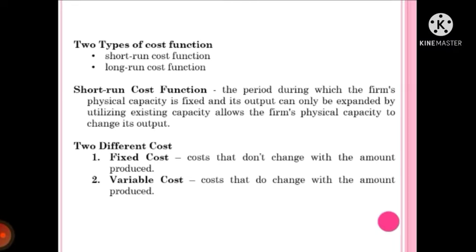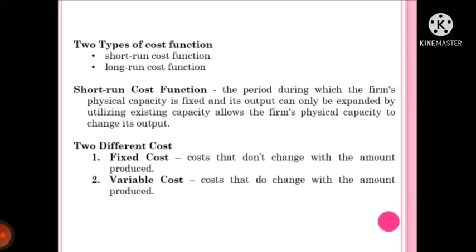Say for example, Juan Tamad has a burger business. His fixed cost for the equipment is 100. Even if he produces more burgers, the equipment price of 100 will remain 100 whatever the quantity produced.